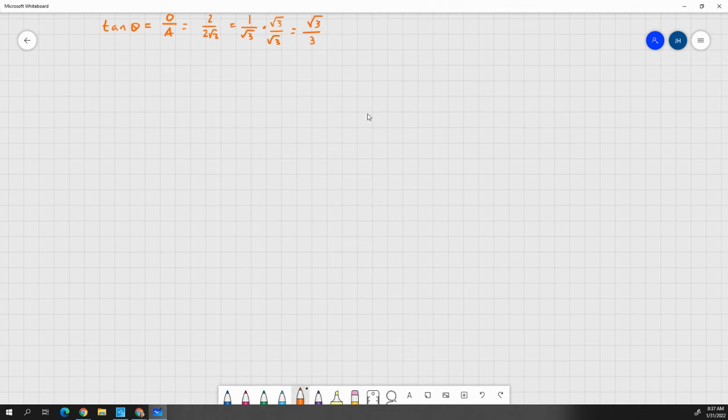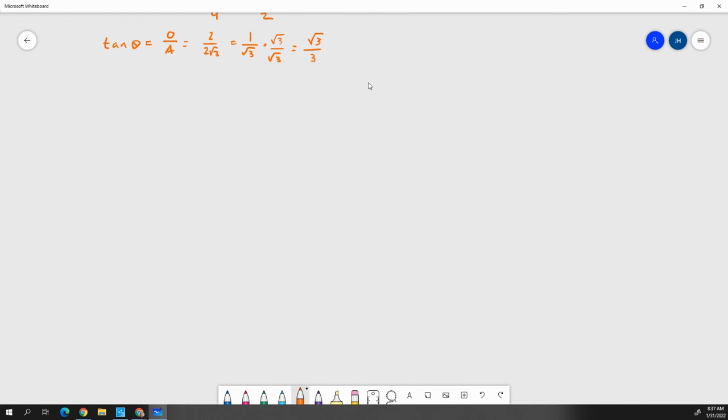Moving on, we also have some special cases when it comes to right triangles. So if you're evaluating 45-degree angles, and you're asked to find sine, cosine, and tangent, think about a 45-degree triangle.